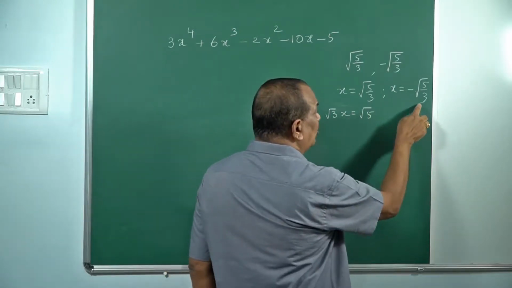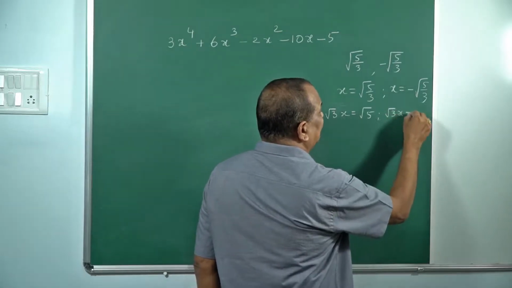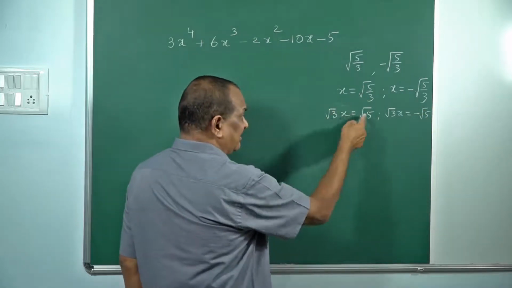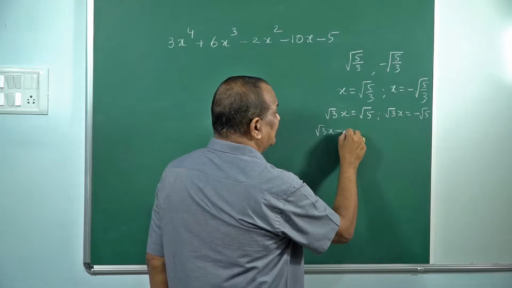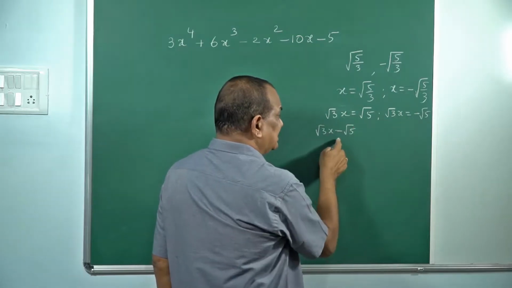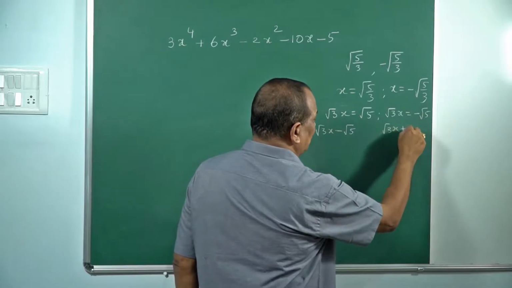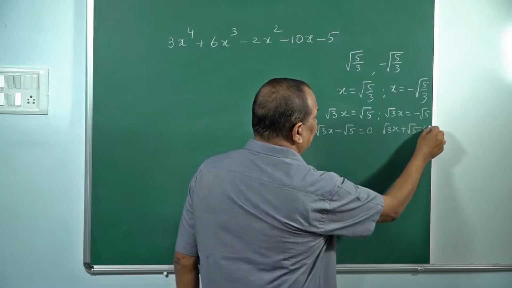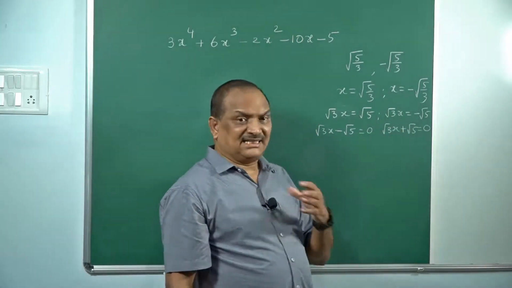And here root 3 times x is equal to minus root 5. And if I bring root 5 this side, root 3 times x minus root 5 can be 0. And root 3x plus root 5 can be 0. Keeping this here, if I multiply these two, I must get a 0.